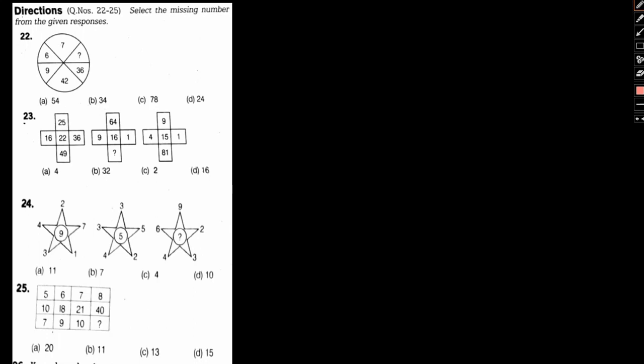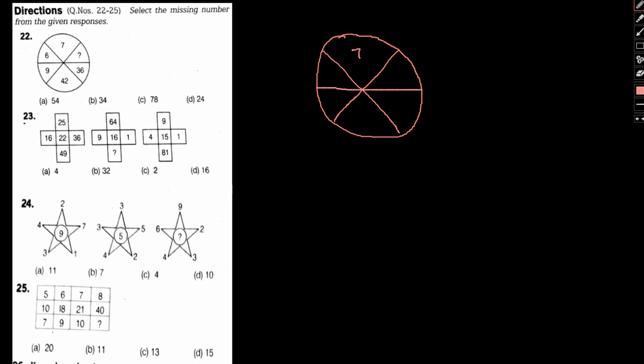Okay. So if we see through this particular figure, let me draw this down just to give you a better insight on the same. Okay. So we have 7 here, we have 6 here, we have 9 here, we have 42, and we have 36. One thing if you observe, 7, 42. So from 7, how can we get 42? Into 6, if you multiply, we get 42.